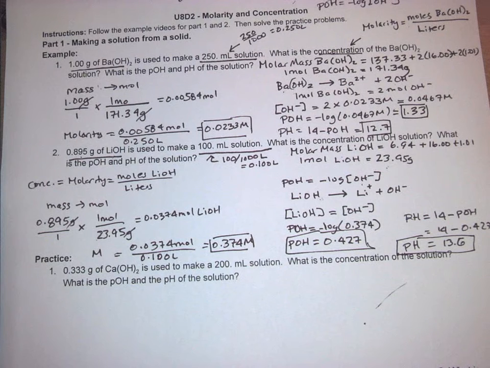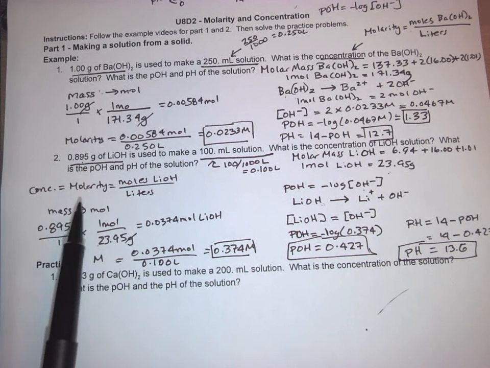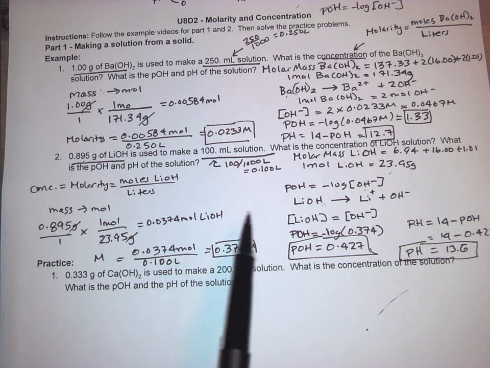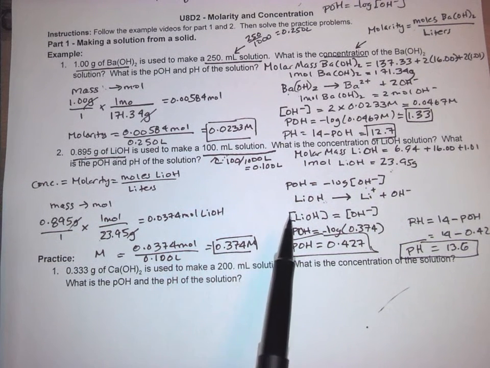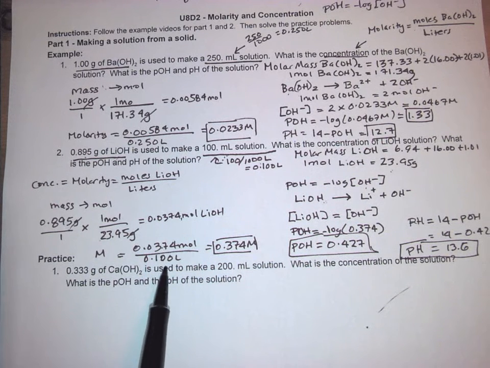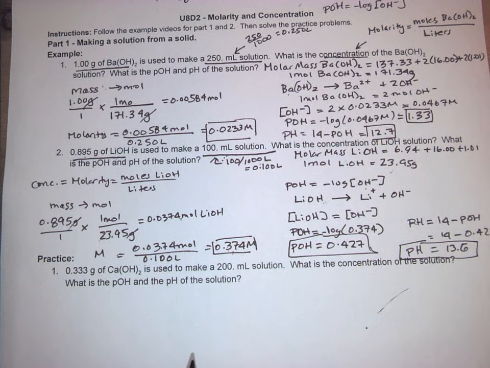Now, final note here for these problems. The overall process is you take the mass of your base and use it to find your moles. You plug your moles and your volume of solution, converted into liters if you need to, into the molarity equation, so moles over liters, to get the molarity of your base. Once you have the molarity of your base, you're going to use that to find the concentration, or the molarity, of your hydroxide, your OH minus, so you can calculate your pOH. The thing to note for that is that the concentration of hydroxide will depend on the number of hydroxides in the base.